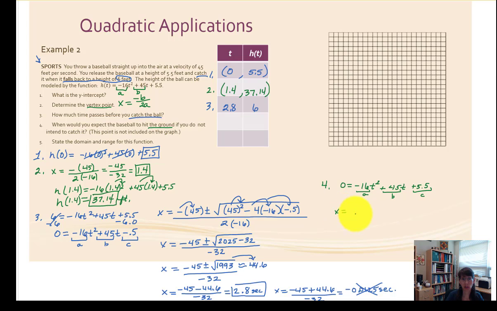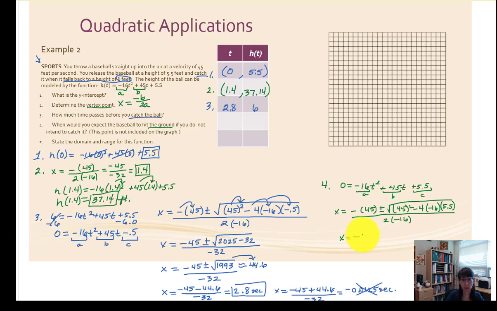So our evaluation this time, x would equal negative times our B value plus or minus the square root of our quantity B squared minus 4 times negative 16 times 5.5. And all of these terms would be divided by 2 times A. That would be 2 times negative 16.